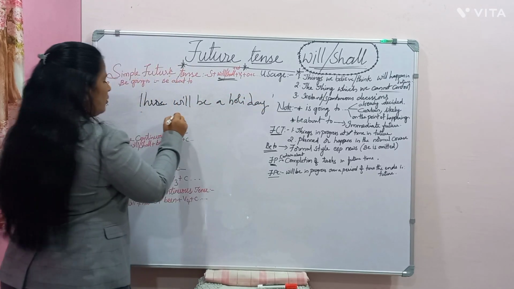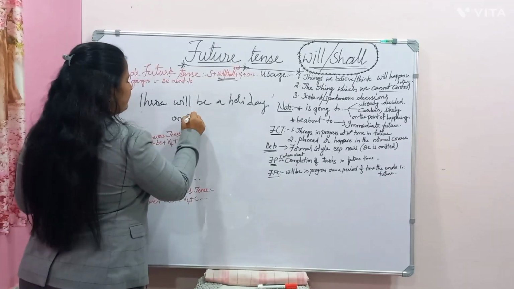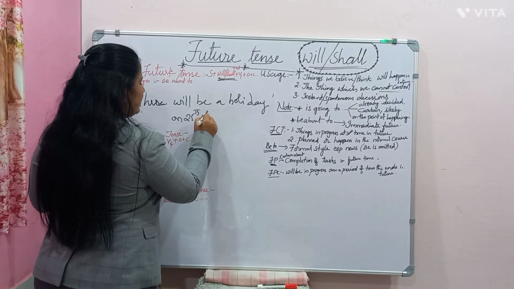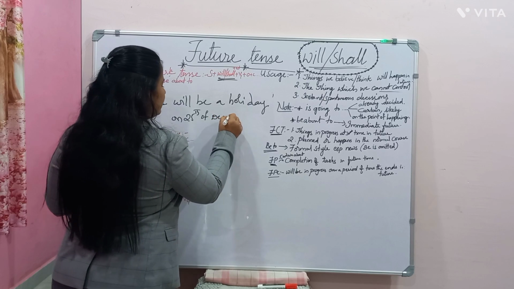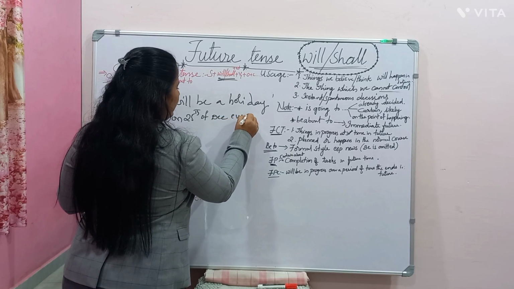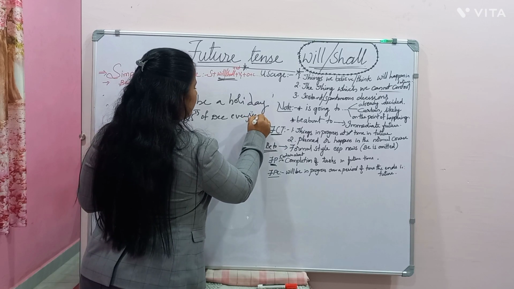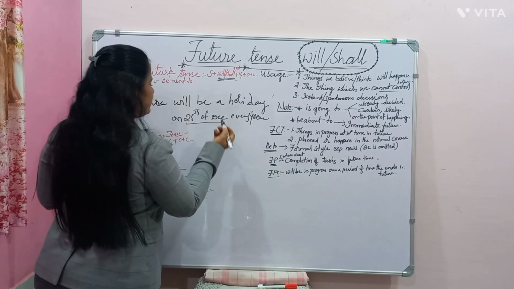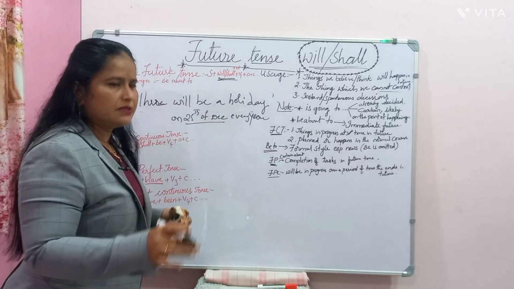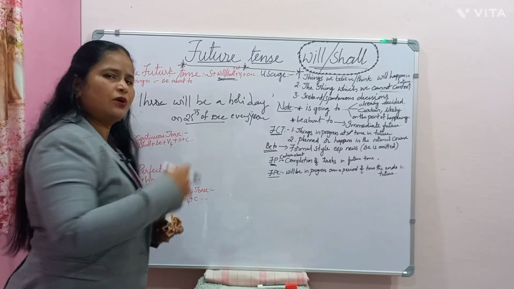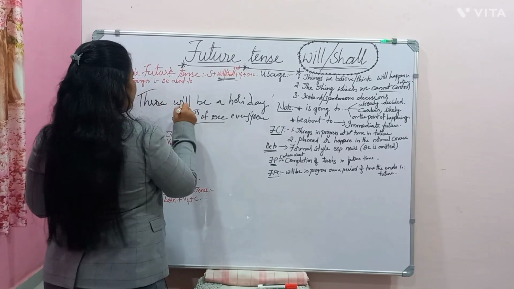There will be a holiday on 25th of December, every year. Why is this? Tell me. Every year. So this is 25th of December, it's Christmas. On the eve of Christmas, all over the world, there will be a holiday.